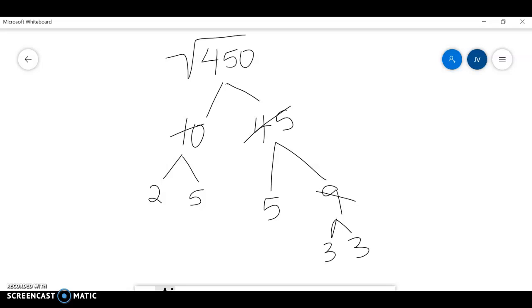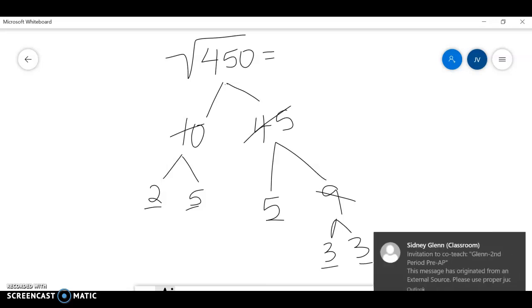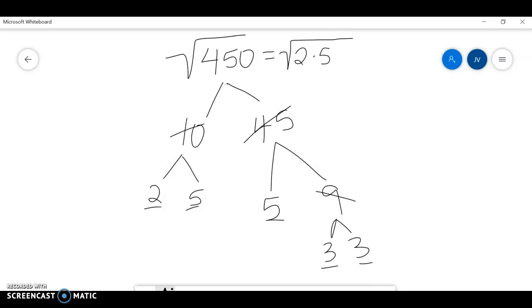So these numbers are the only ones left inside the radical. 2 times 5 times 5 times 3 times 3. So this equals the square root of 2 times 5 times 5 times 3 times 3.